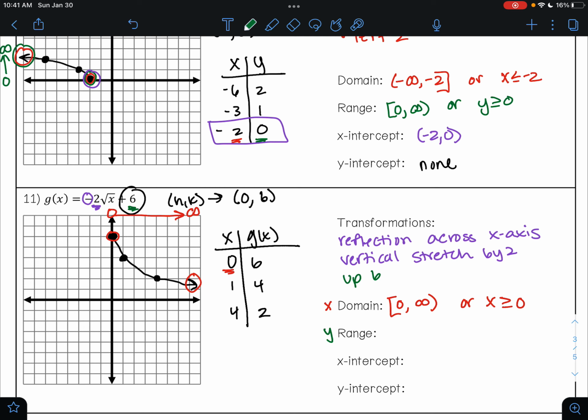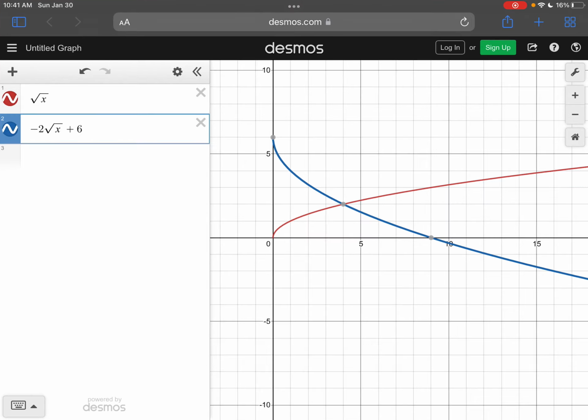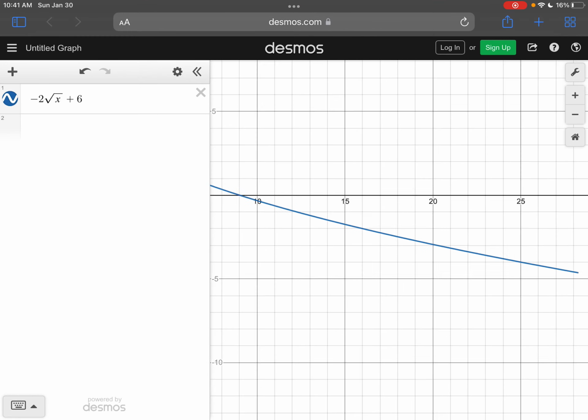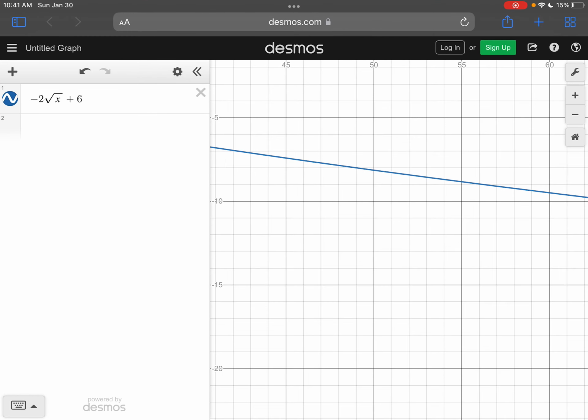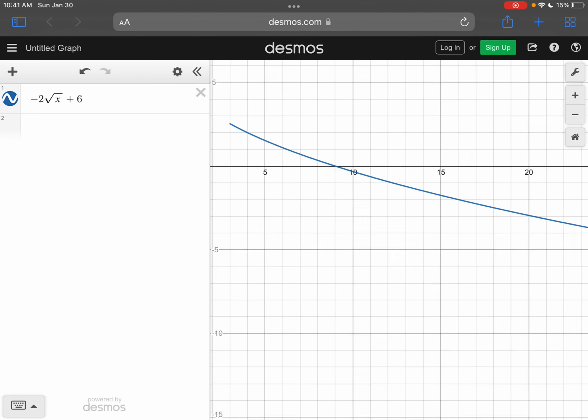The bottom of my graph is going down forever, and so that's going to negative infinity. The top of my graph is this point right here, and that's where y is 6. So my range is from negative infinity to 6. And remember, this graph just keeps going down forever, and so that's why it's going to negative infinity.